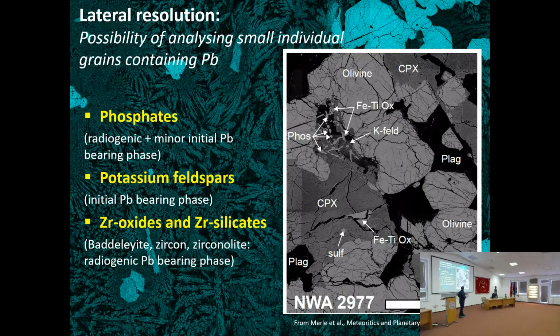We target also potassium feldspars, they contain only initial lead, and zirconium-bearing oxides and silicates. In this backscatter electron image, you see phosphates here, potassium feldspar here. We are talking about phases that are down to 10 microns across.